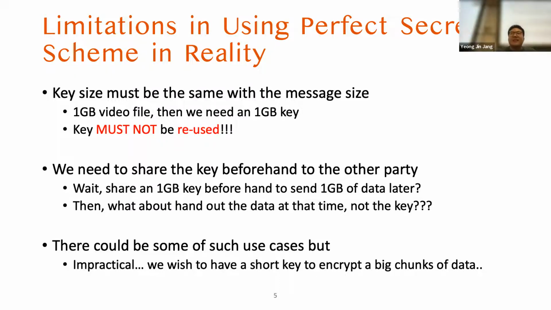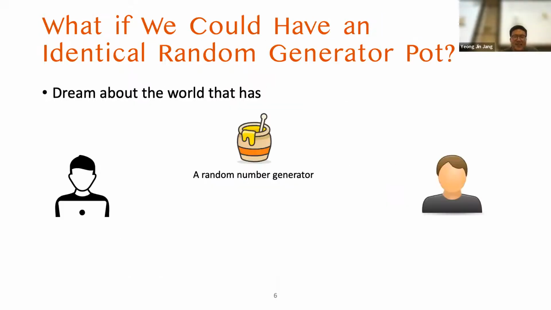So let's think about a somewhat ideal world. We cannot reuse the key, but what if we can share a random number generator between two entities? Suppose there is a random number generator, like a jar, and we can draw a random number multiple times, almost infinitely.